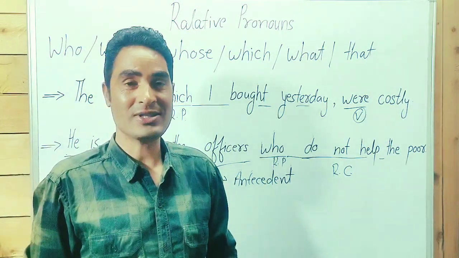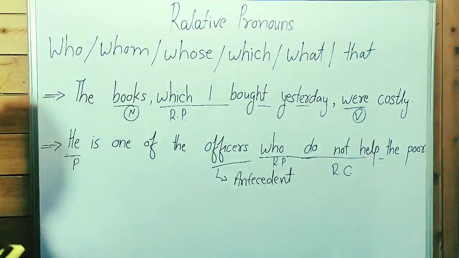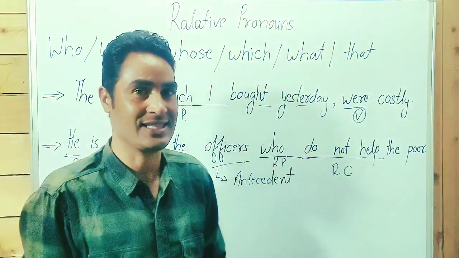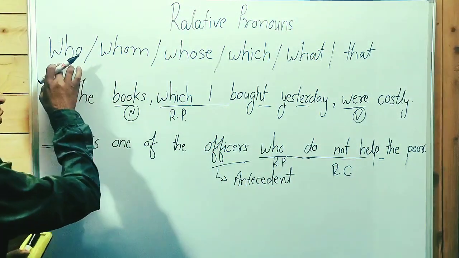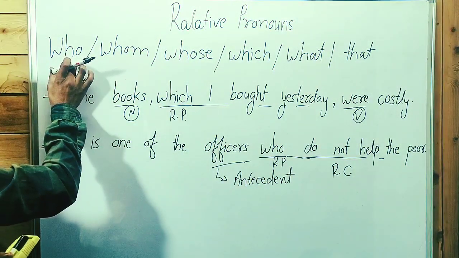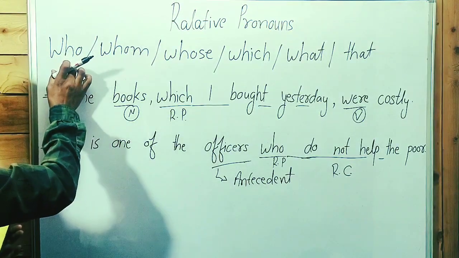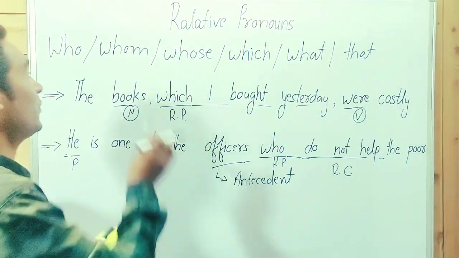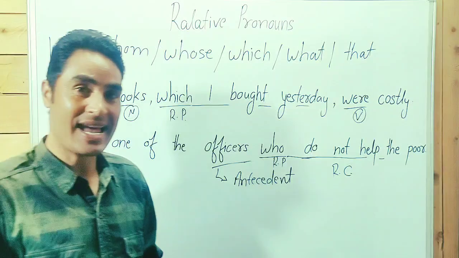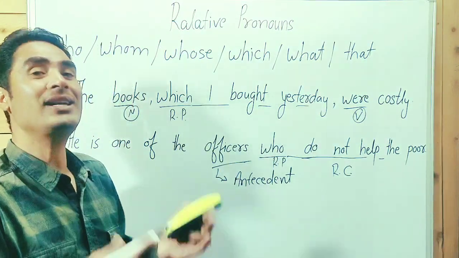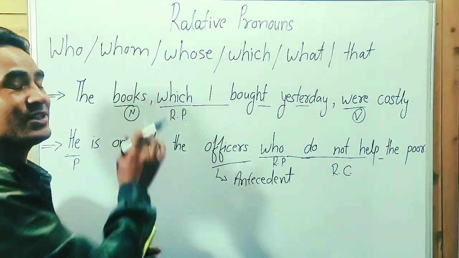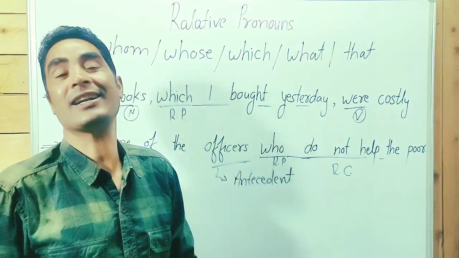If you are confused, let me tell you. How can we recognize when who is used as an interrogative pronoun and when as a relative pronoun, and the same for whom?